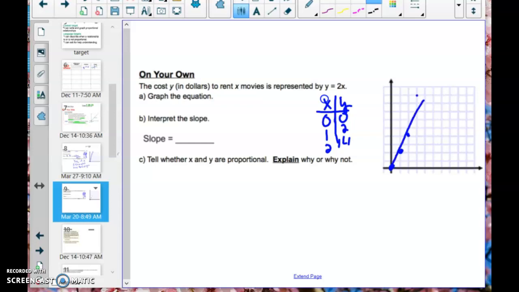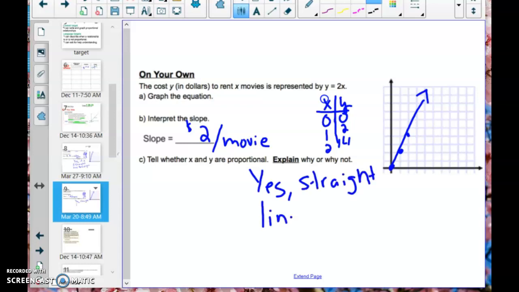And of course it makes a straight line. Interpreting the slope, well I know the slope is 2, but that of course means $2 per movie, because remember it's y over x. Now telling whether those are proportional, yes they are, because it is a straight line through the origin.